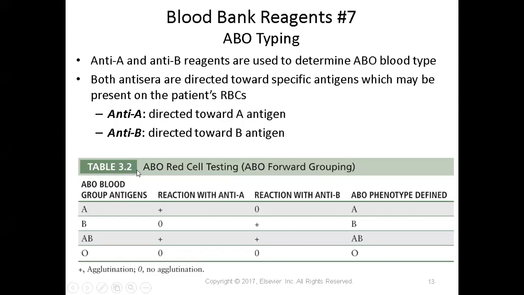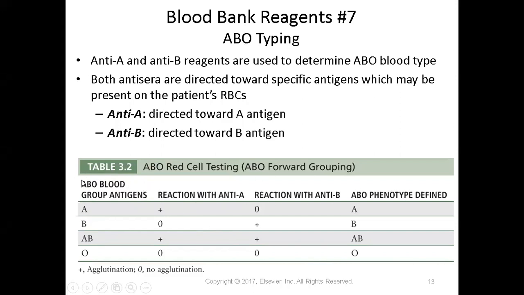Getting back to table 3.2, what we see in our first column are different blood group antigens of the ABO system: A, B, AB, and O. And then what we see are anticipated reactions for each one of these blood types with different anti-sera.